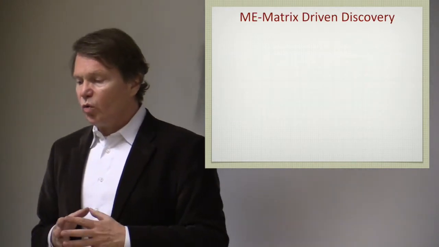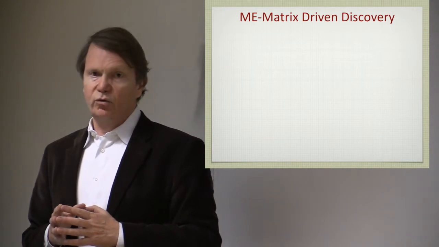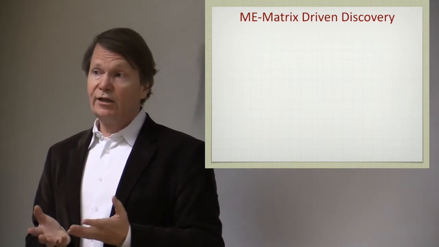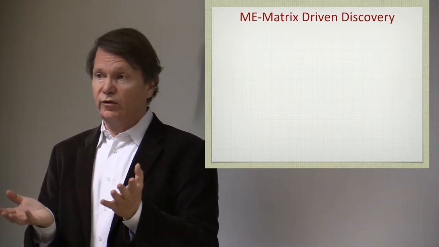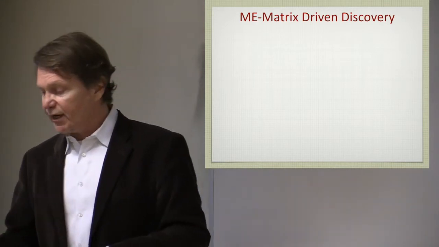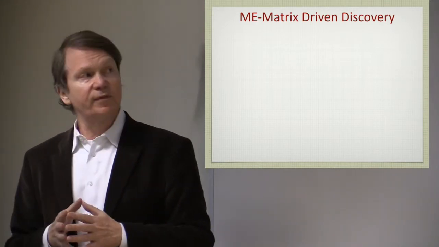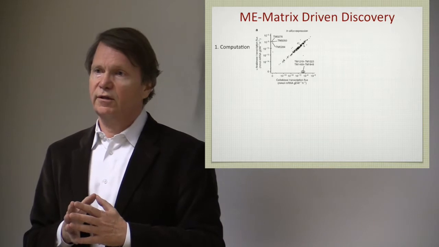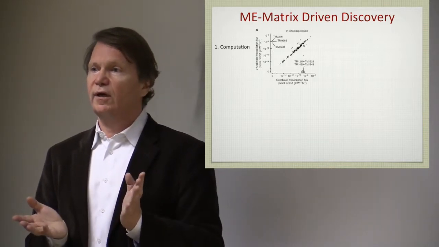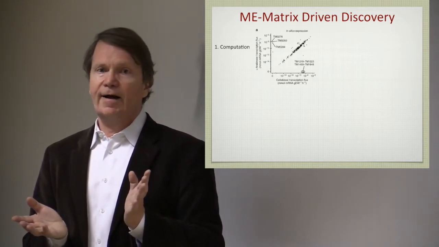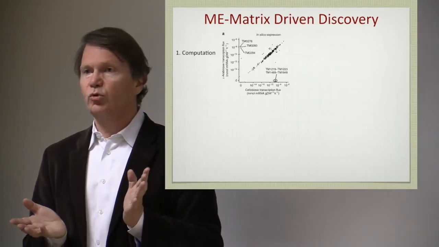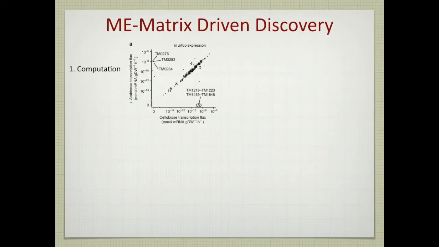So let me just show you one thing that the ME matrix can do. It can actually calculate the differential proteome under two different conditions. So you can calculate a graph like this. This looks like a differential expression plot, but this is a differential protein abundance plot calculated for two different growth states for Thermotoga.